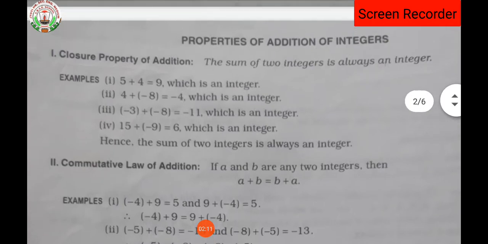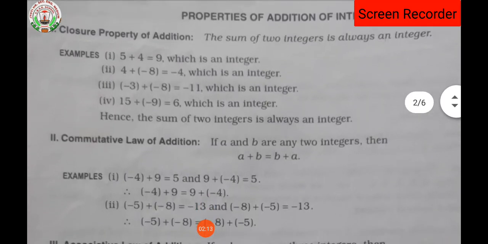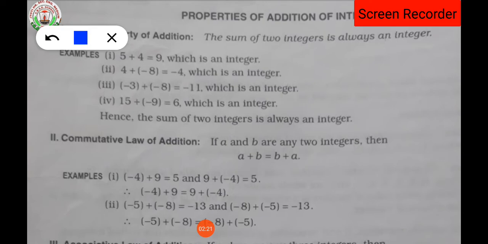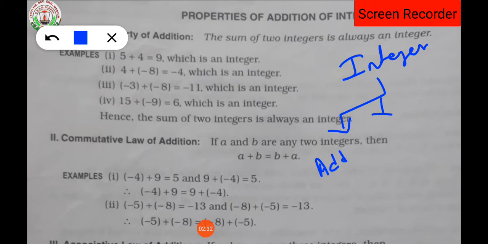Now let's see some definitions. Definition is over, only one definition will be there. Next is about the properties of addition of integers. Integers have a total of 4 operations. First is the addition, second is the subtraction, third we have multiplication, and fourth is division.